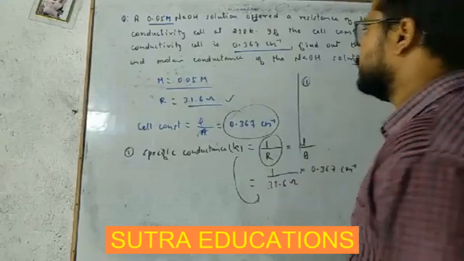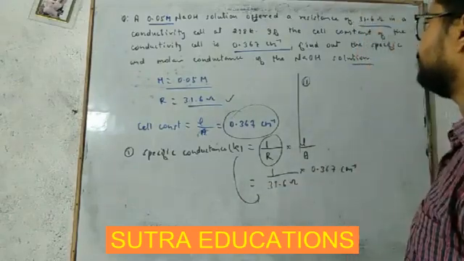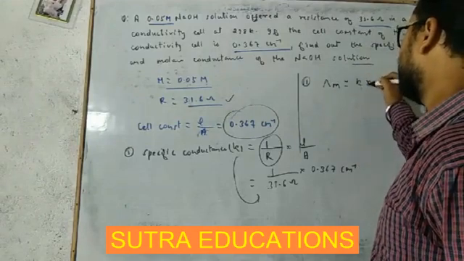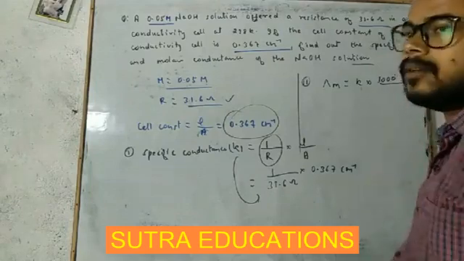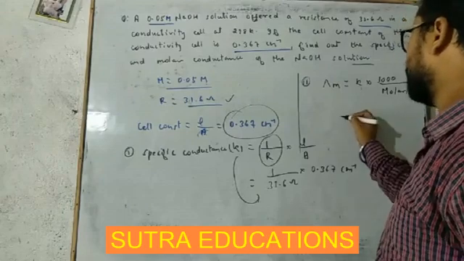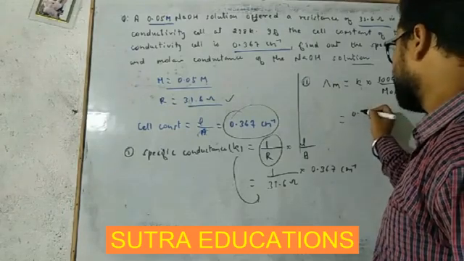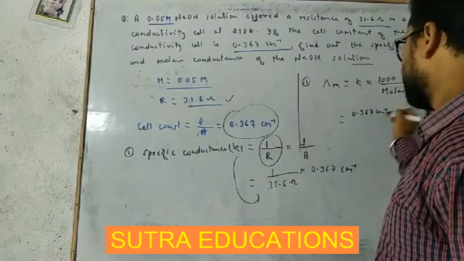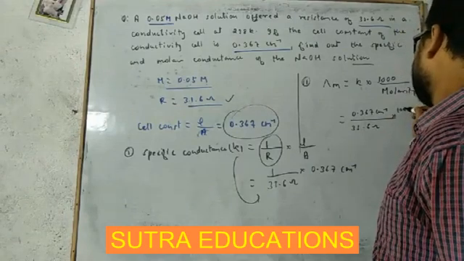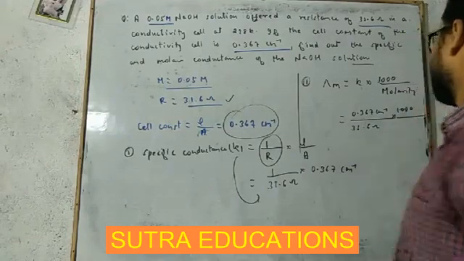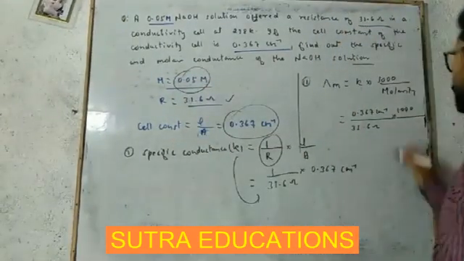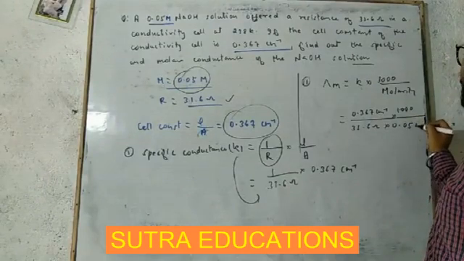Now come to the second part. Molar conductivity or molar conductance of the NaOH will be equal to kappa into 1000 upon molarity. So kappa is 0.367 cm inverse upon 31.6 ohm, multiplied by 1000 upon molarity, 0.05.